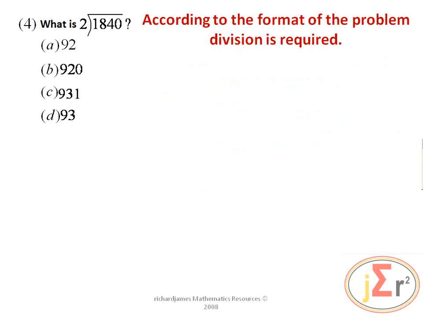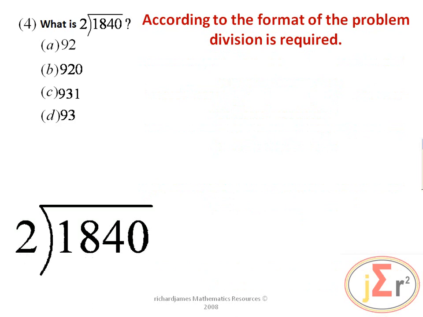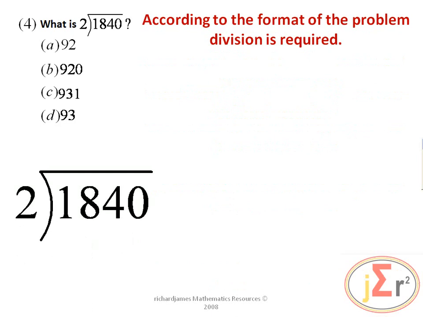So according to the format of the problem, division is required. So let us divide. So what do we say? You cannot say that you did not see something like this before, Jerry, because we just saw it 2 problems ago. So what do we say now?